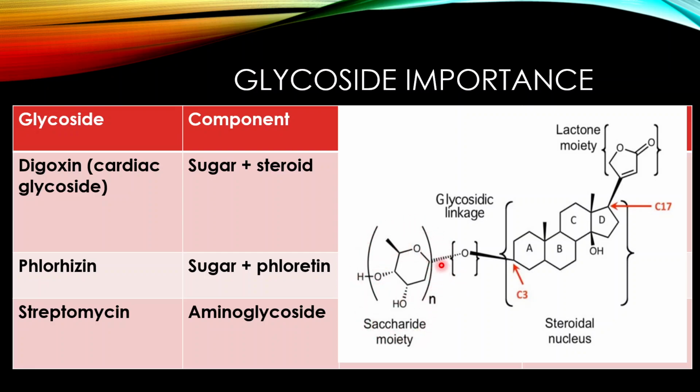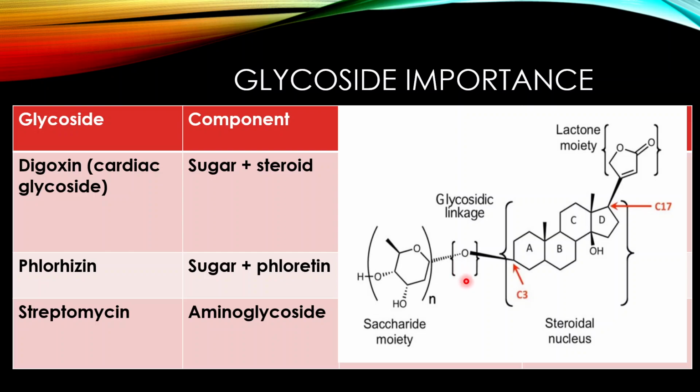This is the ring structure of glucose which we previously saw. This ring structure of glucose is forming a glycosidic linkage with a steroid nucleus which also has a lactone moiety. This whole component is reacting with the anomeric hydroxy group present on the anomeric carbon atom.